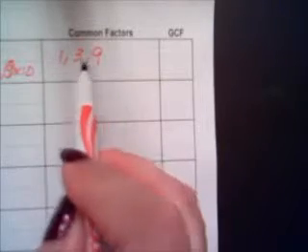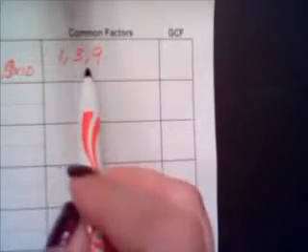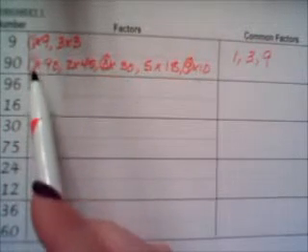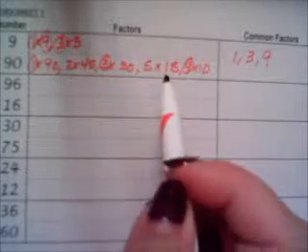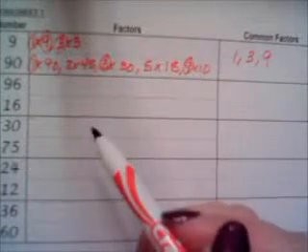And what I'm saying when I say that these are common factors, I'm saying that these are factors that are found both in 9 and 90. Okay, so 1 is in both of these. 3 is in both of these. 9 is in both of these, okay? All right? So that's why they're common. They're common to those two numbers. They both share them. Okay, those are the factors they share.